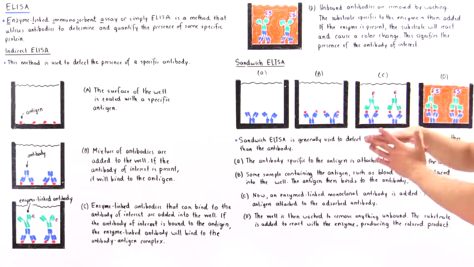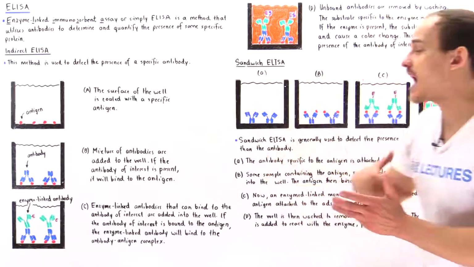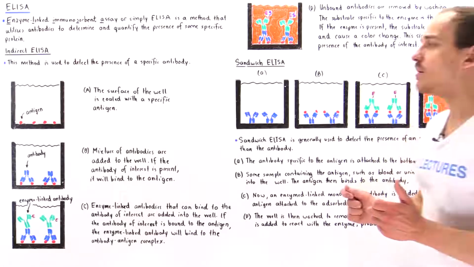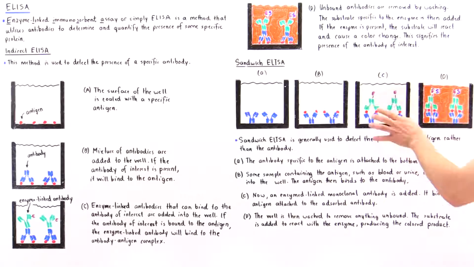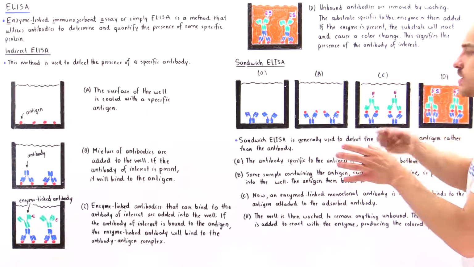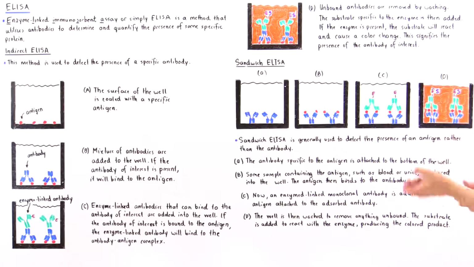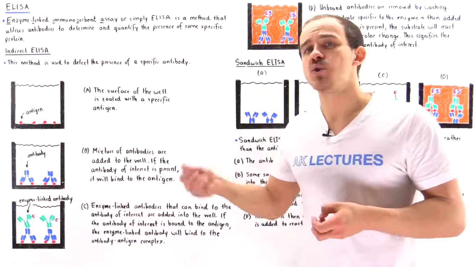And so once again, as in step D for a sandwich ELISA, we wash our mixture to basically remove anything that is not bound. And because this is bound, this is not removed. And when we add our substrate into the mixture, because the enzyme will be present inside our solution, that enzyme will begin to readily convert that substrate into that product.